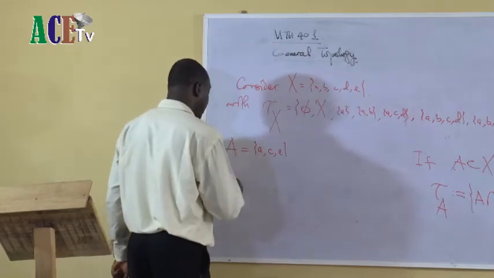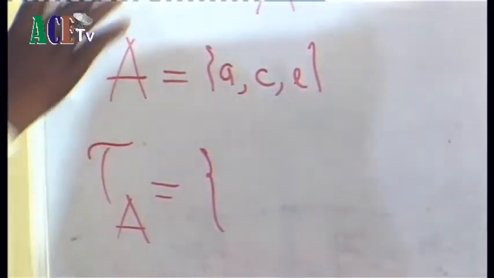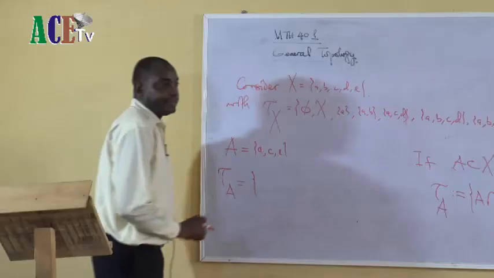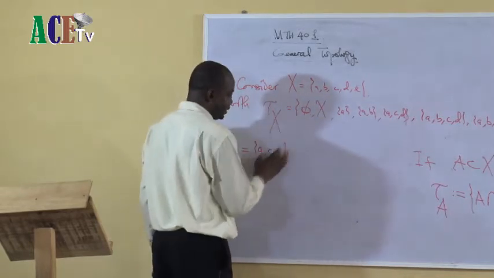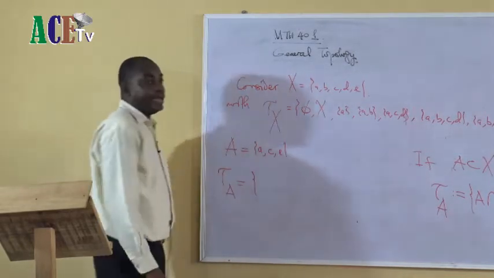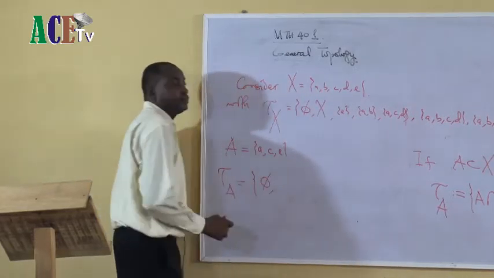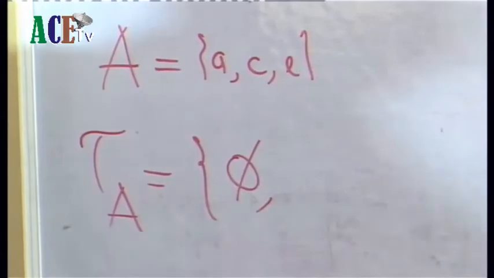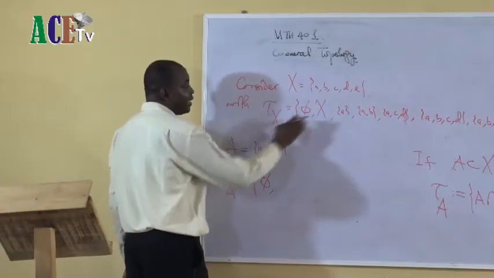We simply obtain, say, all these open sets, intersected with A. What is the intersection between the empty set and A? That is the empty set. Now, secondly, what is the intersection between A and X?